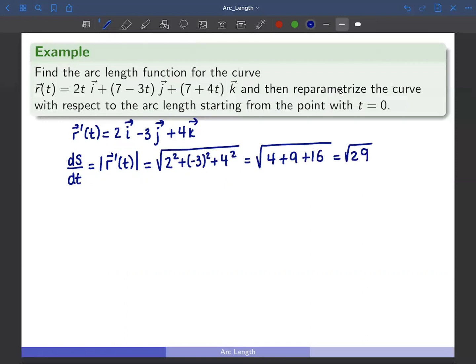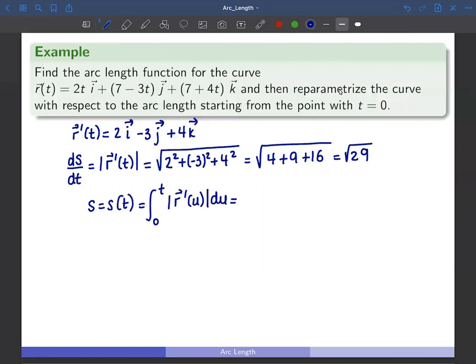So let us now try to find the arc length function for the curve. Let us denote the arc length as s. So the arc length s is equal to the arc length function with respect to t, and that is equal to the integral. Now, we are given that the starting point is where t is equal to 0, so we have from 0 up to t of the magnitude of the tangent vector evaluated at u, du.